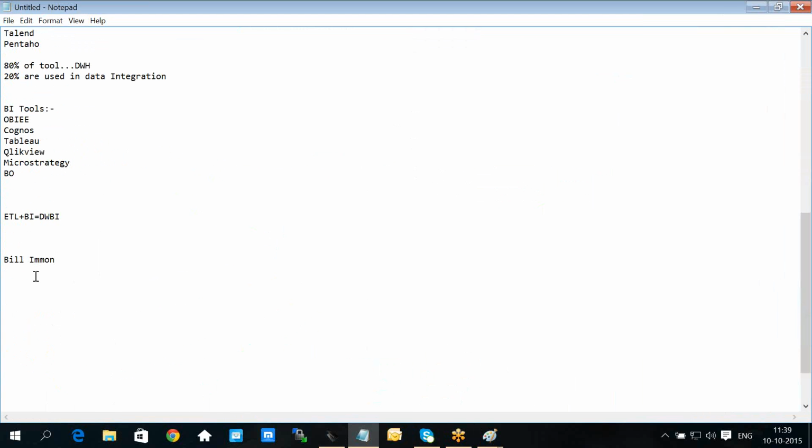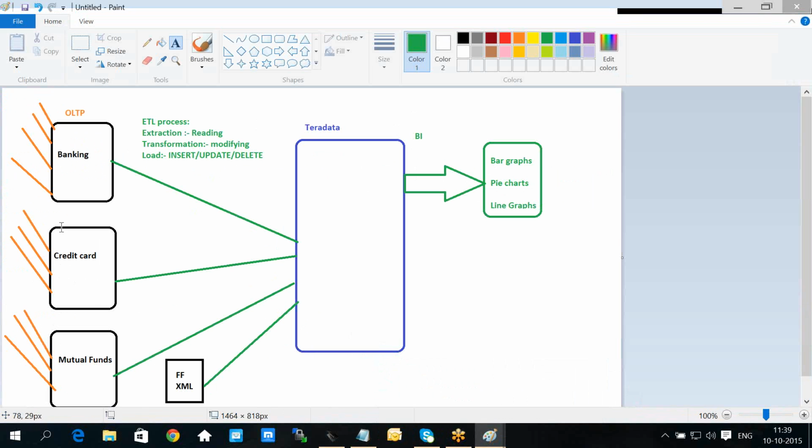His thoughts have been carried forward by another scientist called Ralph Kimball. We call them the fathers of data warehouse because they proposed this system and helped the industry to analyze the data and improve their business. So basically, this is a concept proposed by them.